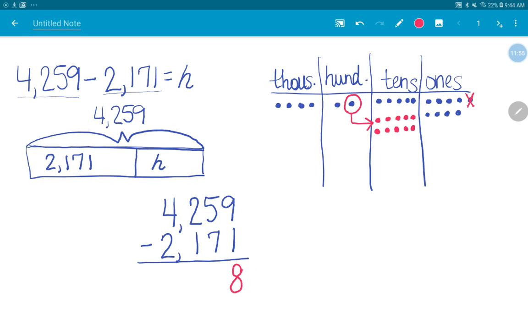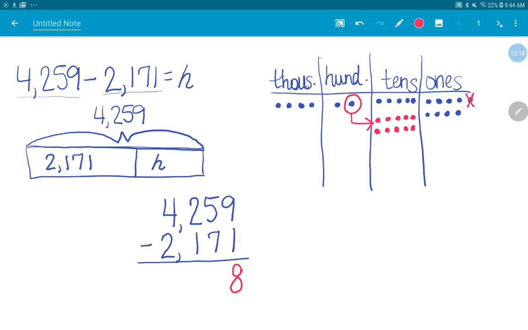Let's look at how we would represent that on the place value. We've represented it on our place value chart. How would we represent it in our problem? How many tens do we have now, Cash? 10. How many tens do we have? 15. I had 5, and I added 10 more.